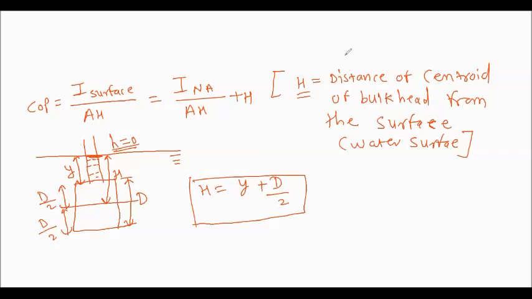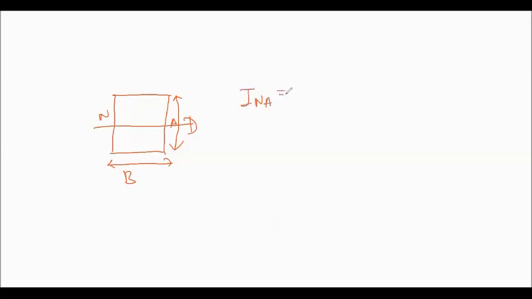Now we will see different conditions. Suppose the bulkhead is a rectangle type, and the width of the bulkhead is B, and the depth of the bulkhead is D. So what will be the moment of inertia of the rectangle about its own neutral axis?